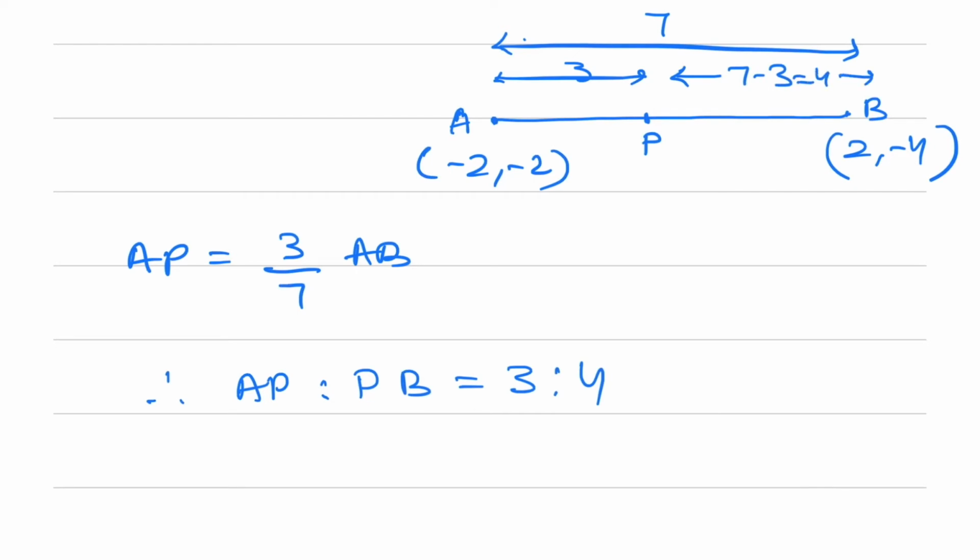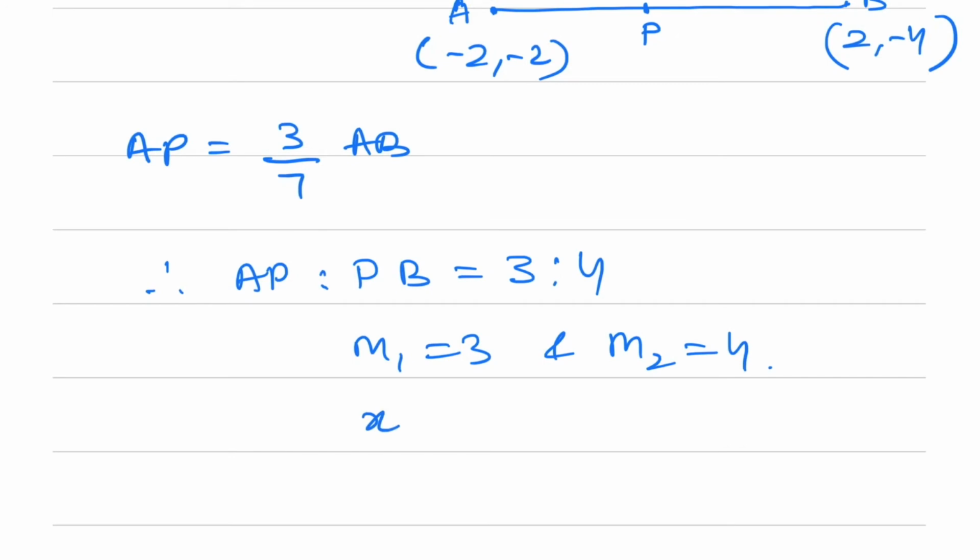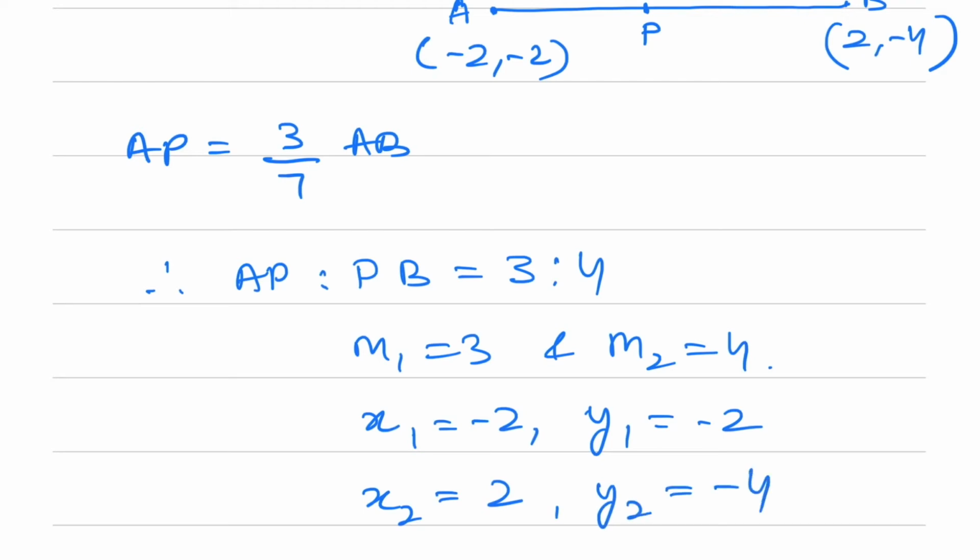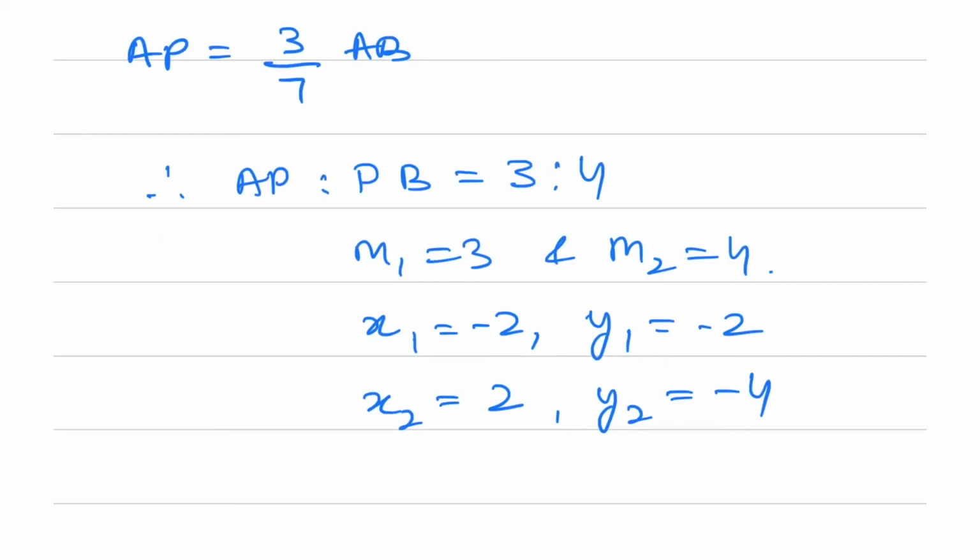So now we can see that m1 is 3 and m2 is equal to 4. x1 is equal to -2, y1 is equal to -2, x2 is equal to 2 and y2 is equal to -4. And we have to find the coordinates of P.